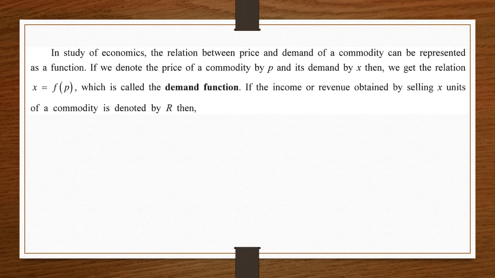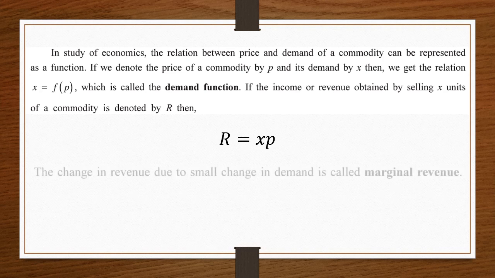If the income or revenue obtained by selling X units of a commodity is denoted by R, then revenue is X into P. That means the price multiplied by the number of units sold. So the total income which you earn will be the number of units sold multiplied by their selling price. So capital R is equal to X into P.